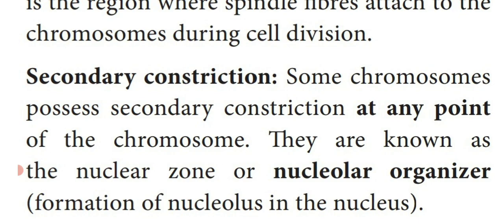That means the oval shaped body present on the inner side of the nucleus is known as nucleolus, which you studied in the lower classes. These nucleoli are organized from the secondary constriction of the chromosome. So these constrictions are known as nucleolar organizer.